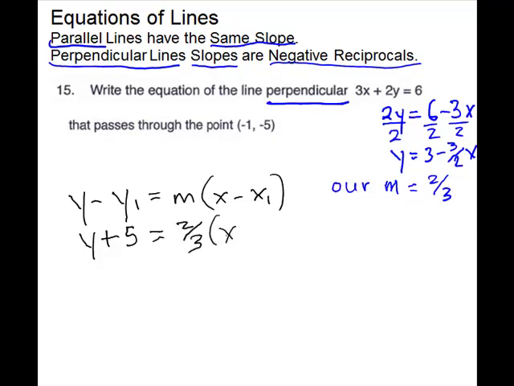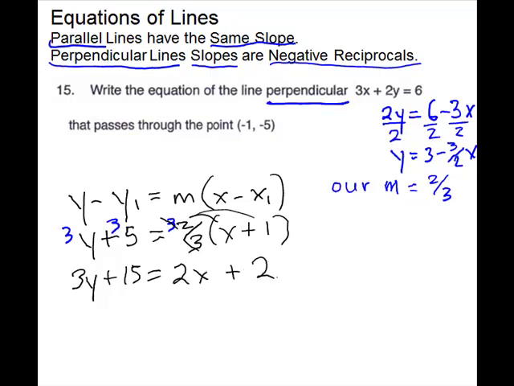And we have x minus a negative 1. We can go ahead and plug it in as plus. Now we need to clear out the fraction. Multiply through by 3. So we get 3y plus 15 equals a 2 to distribute, 2x plus 2.